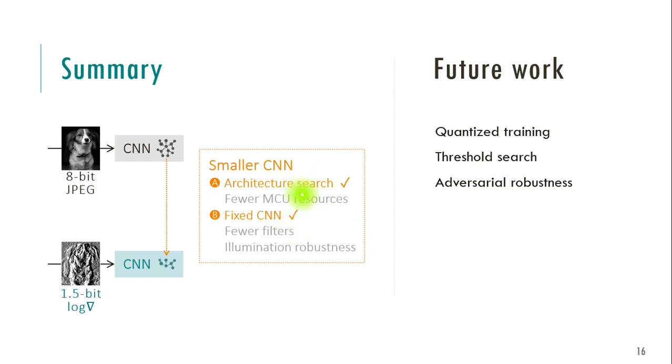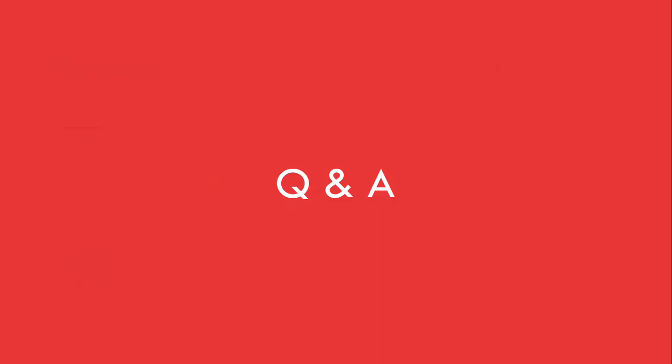In the future, we would like to explore quantizer training because right now the internal precision is floating point. It's very expensive. Another thing is threshold search for the quantization of log gradients, and adversarial robustness. Thank you all. Do you have any questions?